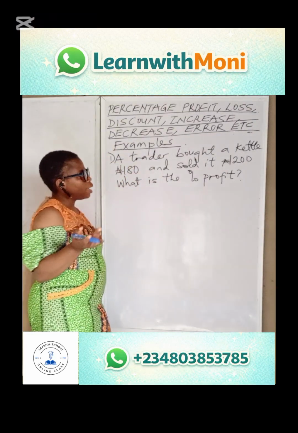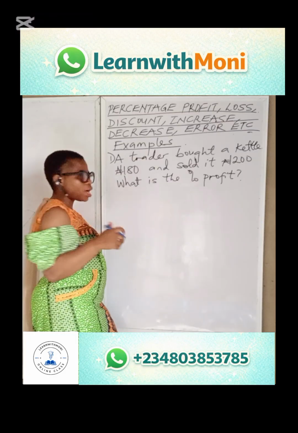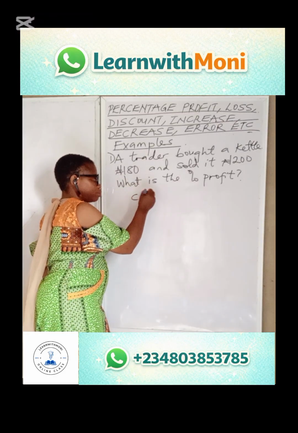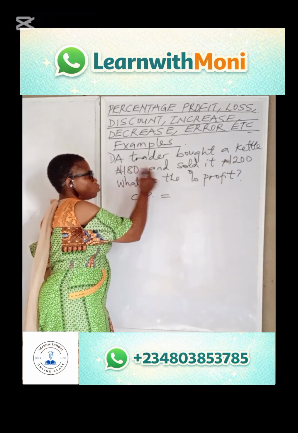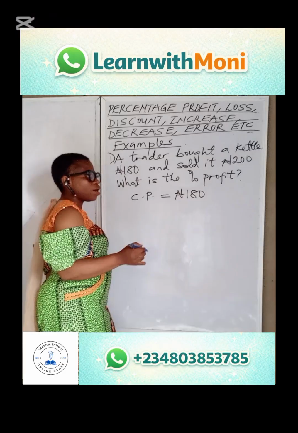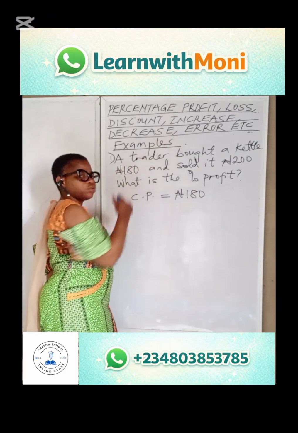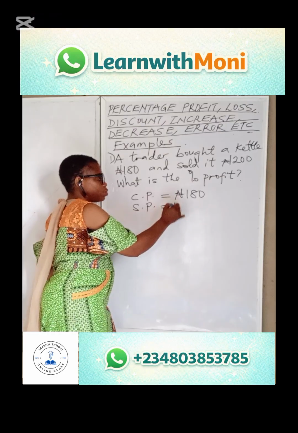Look at it. Before the trader can sell, he must have first bought, and that is the cost price. The cost price is given as 180 naira. And now he sold it for 200 naira. That is the selling price.